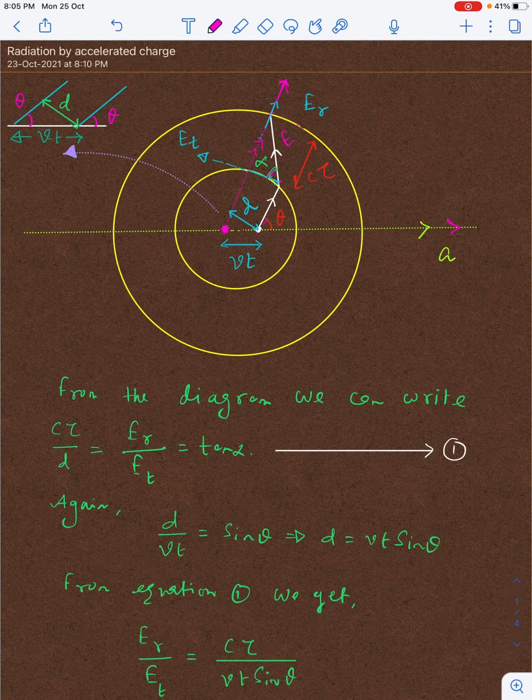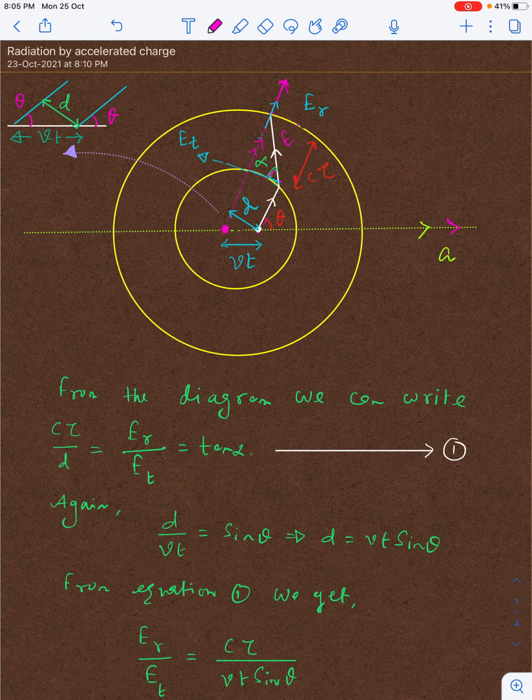And this tan alpha we can also write as equal to C tau by d. This is C tau here, this distance is C tau, and this separation I am taking to be d. So this is the situation.